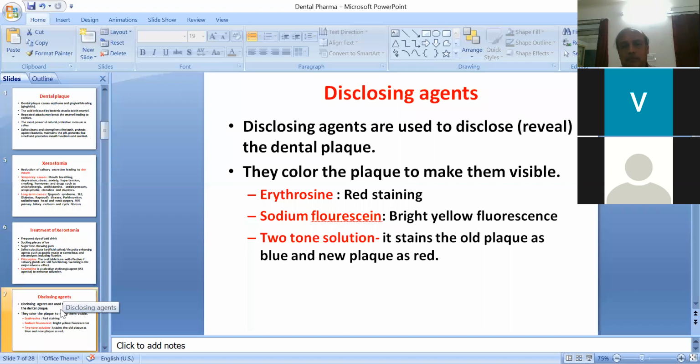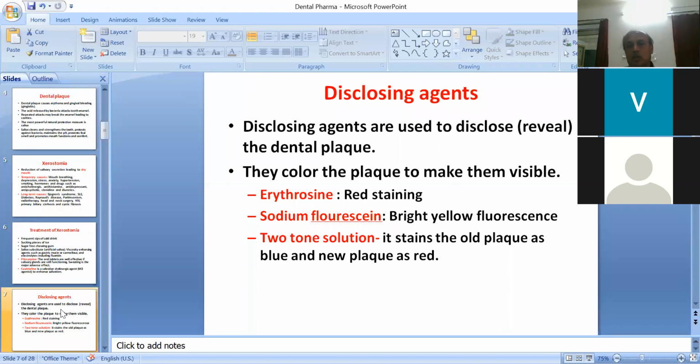Now coming to some other category of the drugs which are used in the dental practice. So we have discussed the dental plaque. They are responsible for this common dental problem. So we need some diagnostic agents. They are referred as disclosing agents.